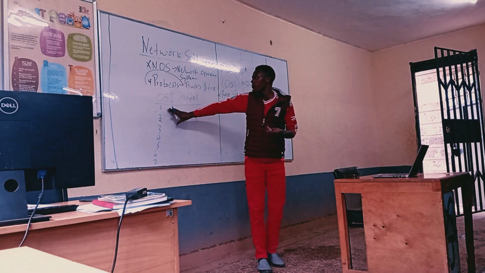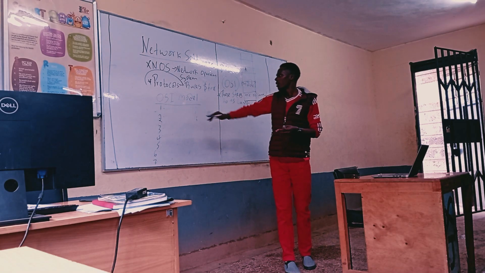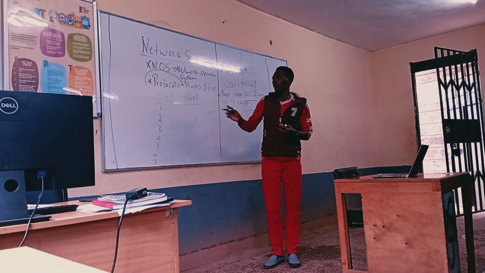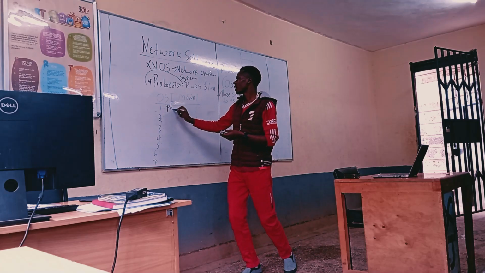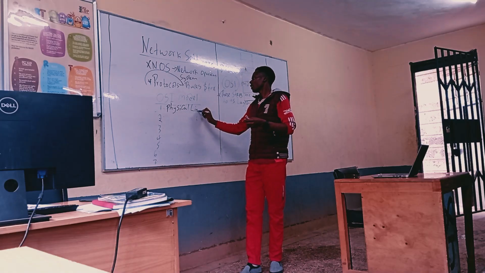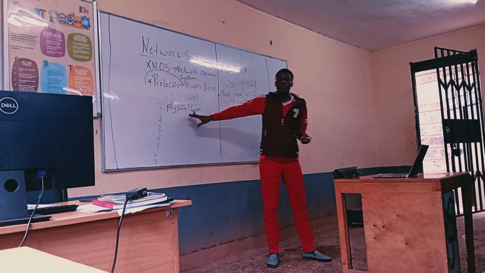You name them this way as points, and then we will be stating their work after. The first one is the physical layer or physical link. So layer 1 is physical.